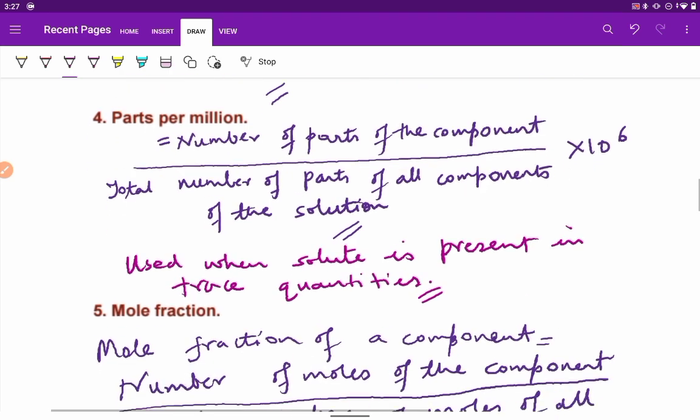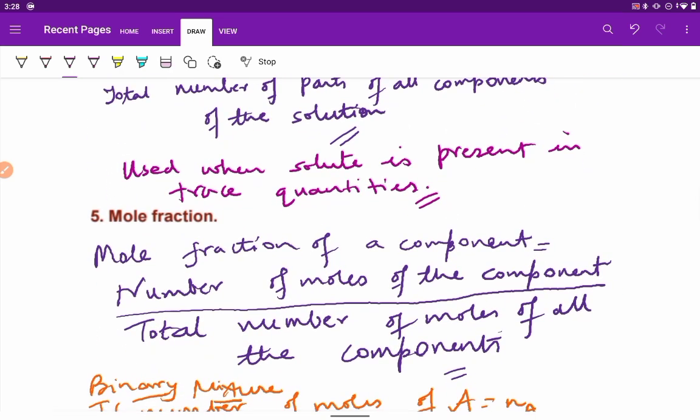Next comes mole fraction. This is a very commonly used symbol as a subscript which I have represented here. The mole fraction of a component can be given as the number of moles of the component divided by the total number of moles of all the components.